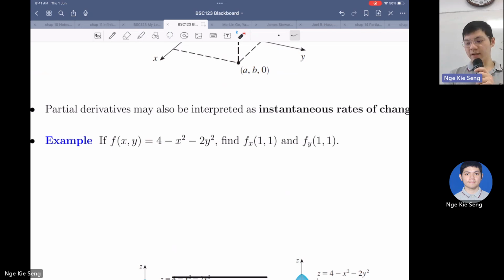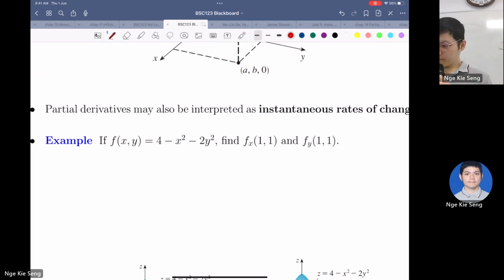Can you find the first derivatives at (1, 1)? Try to find the numbers first, and then we will interpret them geometrically.